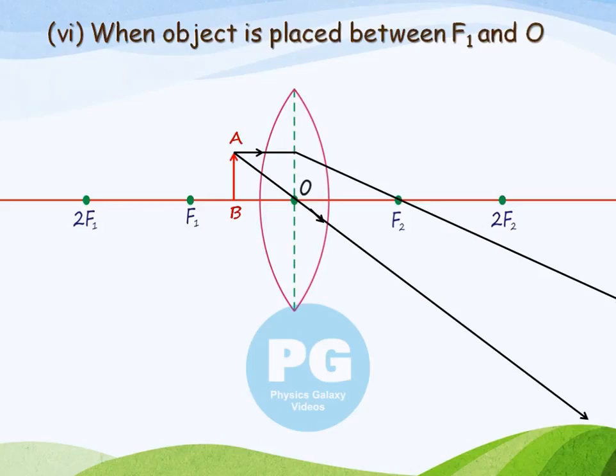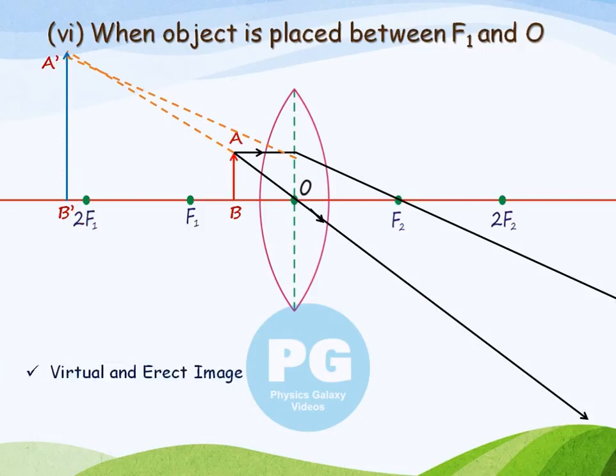But for the observer, these two rays of light appear to come from this point. So these two refracted rays appear to meet at this point. And we draw a perpendicular from this point to the principal axis, and we say this is A'B', which is a virtual image of the real object AB. So we say the image is virtual and erect, and it is magnified.